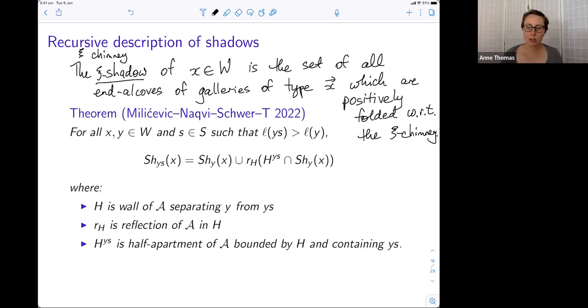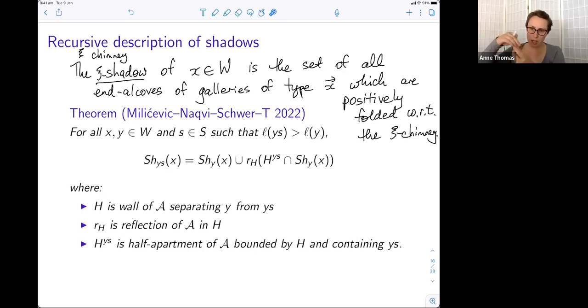Okay, and so what we prove, and I'll go back to another picture in a moment. So one thing we prove is we get a recursive description of shadows. Okay, so we have some point on the boundary.